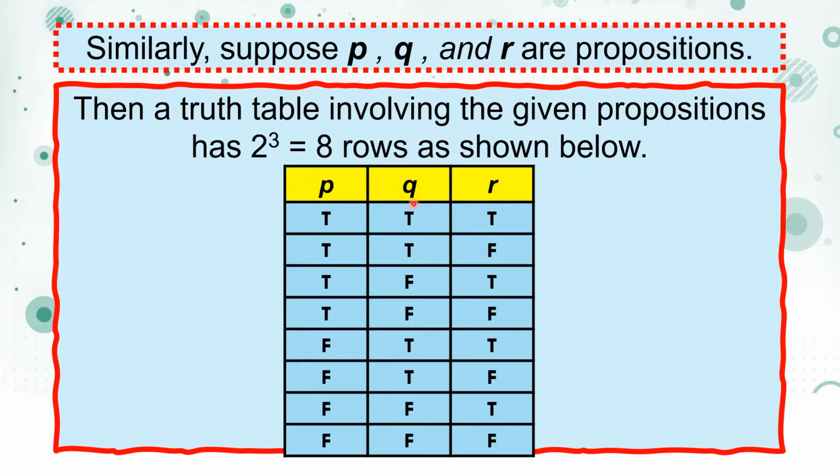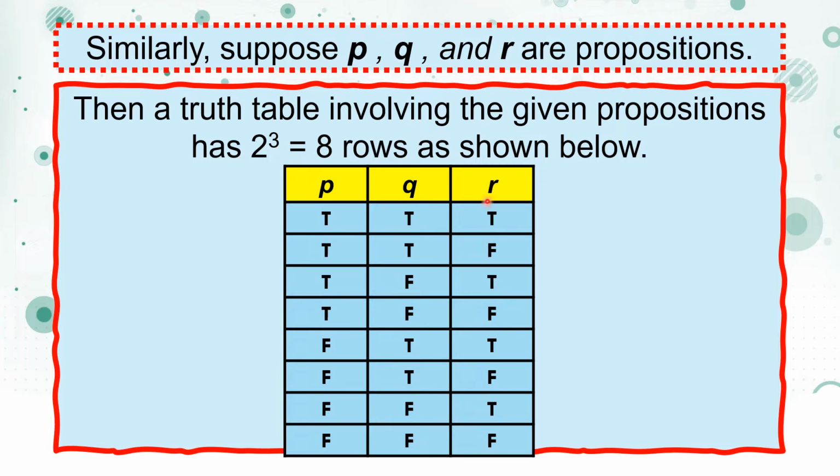Sa proposition Q naman, since 4 yung sinulat natin na true dito sa proposition P, i-divide natin tong 4 into 2. So, 4 divided by 2 is 2. So, isulat natin dalawang true, T, T, at dalawang false, F, F. And we have again T, T, F, F.